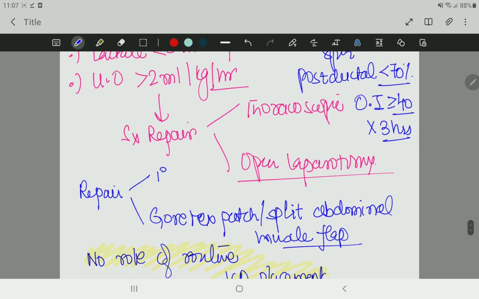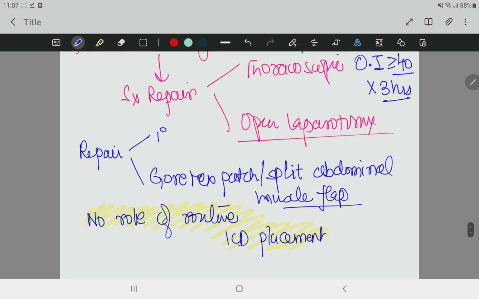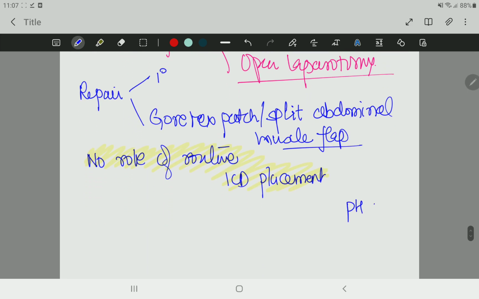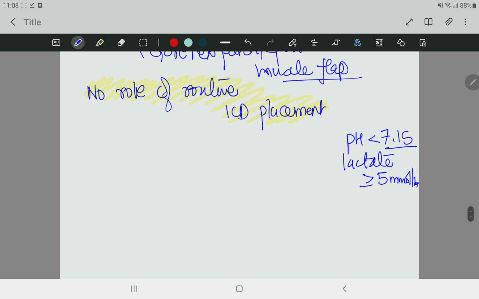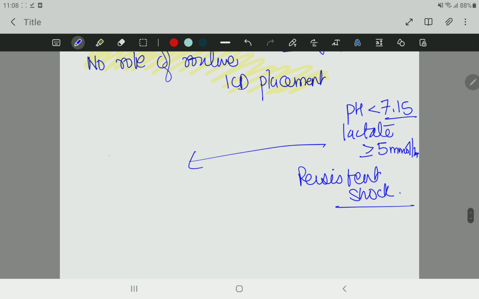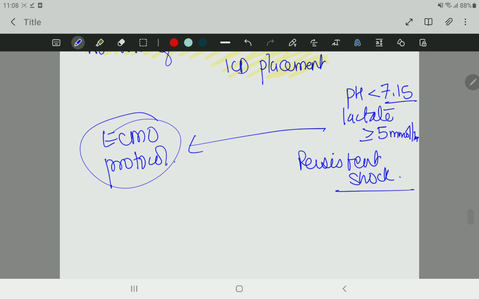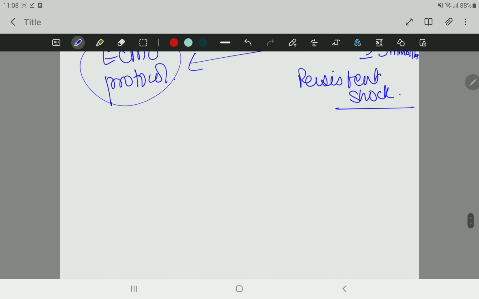Also pH is persistently showing metabolic acidosis with pH less than 7.15, lactate more than or equal to 5 millimole per liter, and refractory shock not responding to fluid and vasopressor therapy. These are the conditions where one has to shift to ECMO. Then one has to follow the ECMO protocol and do surgery with the ECMO protocol.